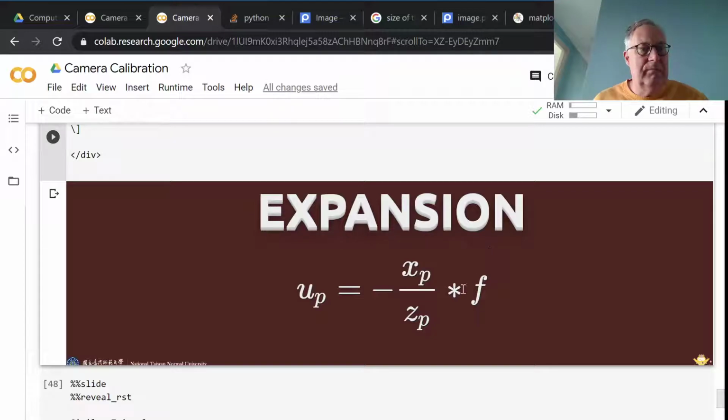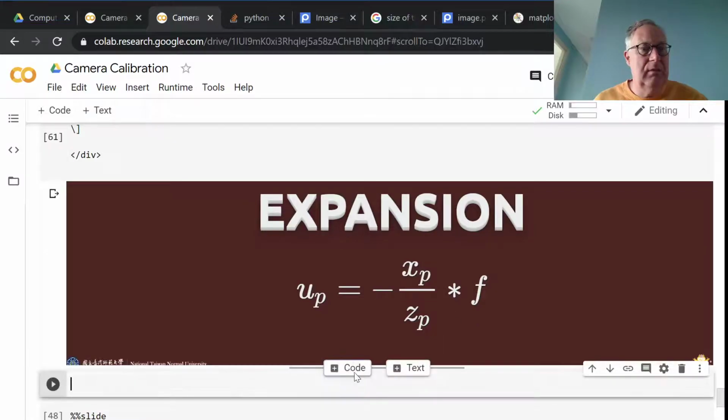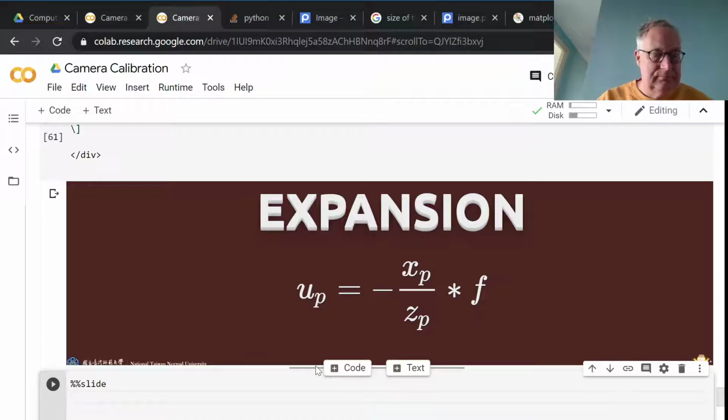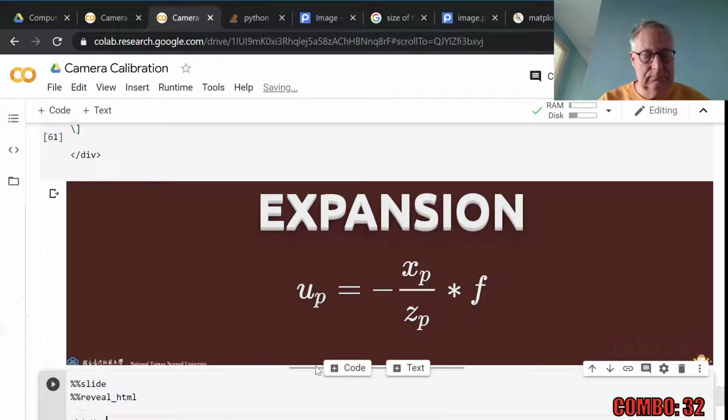I can use that to calculate the formulas, but before we looked at our homogeneous transformation matrices. And we talked about homogeneous coordinates.